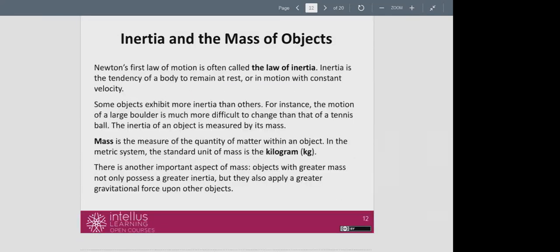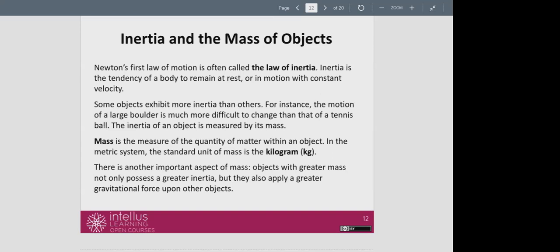Okay? Sometimes you'll hear Newton's first law referred to as the law of inertia. And that is the tendency of an object to remain at rest, right? Or in motion with a constant velocity. So inertia is the tendency of an object to keep doing whatever it's doing. Okay. Now, how do we know the amount of inertia?